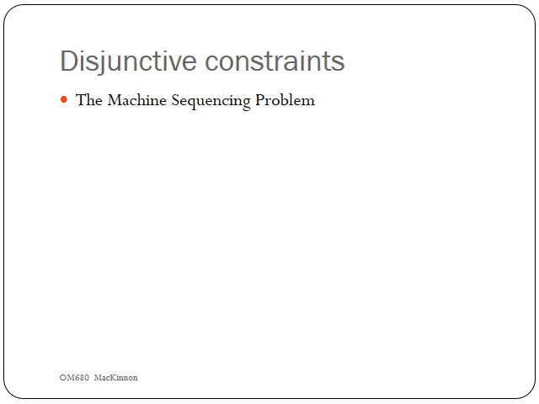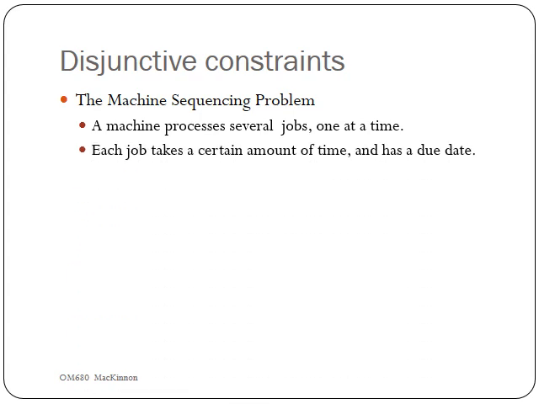Now, let's introduce disjunctive constraints. This is where it gets pretty complex. We want to look at what we call the machine sequencing problem. A machine processes several jobs one at a time. Each job takes a certain amount of time and has a due date.